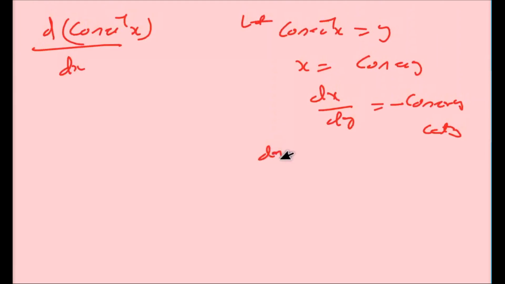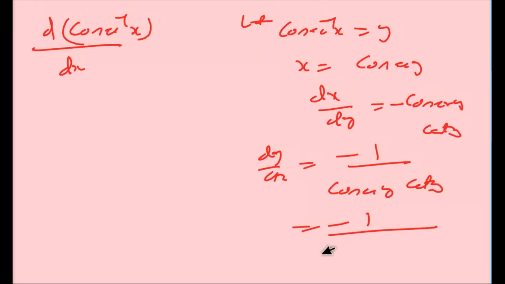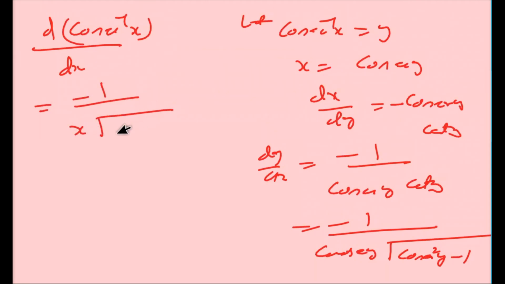So dy by dx equal to minus 1 upon cosec y cot y, equal to minus 1 upon cosec y under root cosec square y minus 1. So we can write this equal to minus 1 upon x under root x square minus 1.